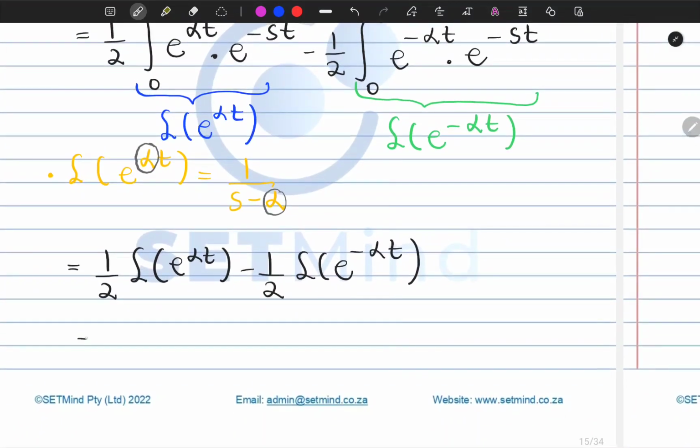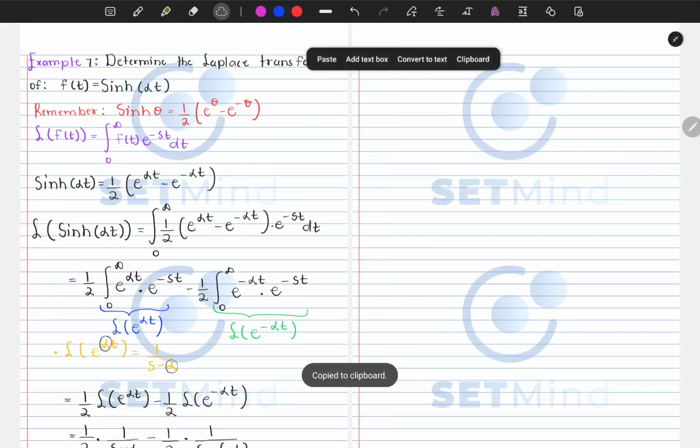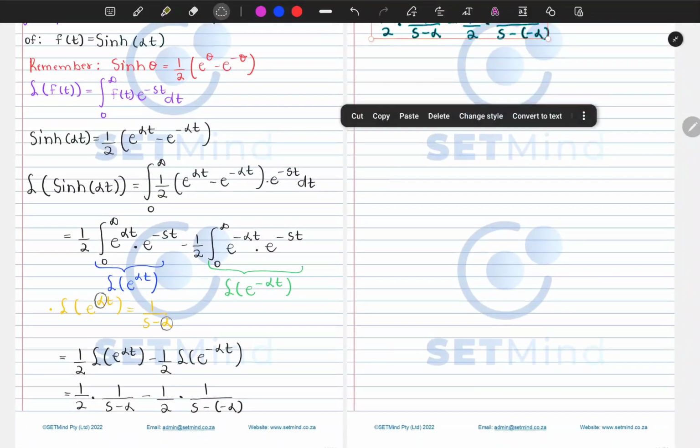So this will end up being half of 1 over s minus alpha, minus 1 over 2 multiplied by 1 over s minus, what is multiplying the t there, which is minus alpha. Okay, so let's take that to the next page and conclude this problem.